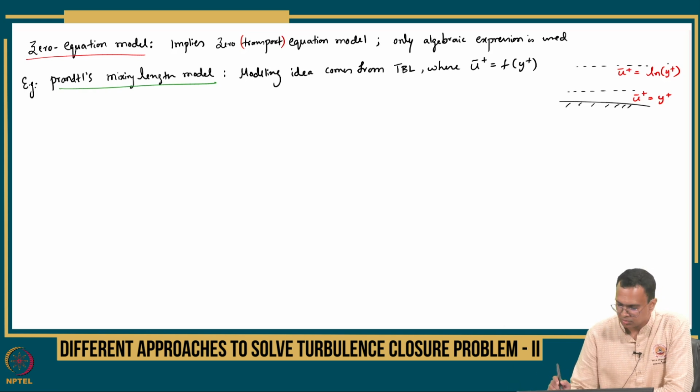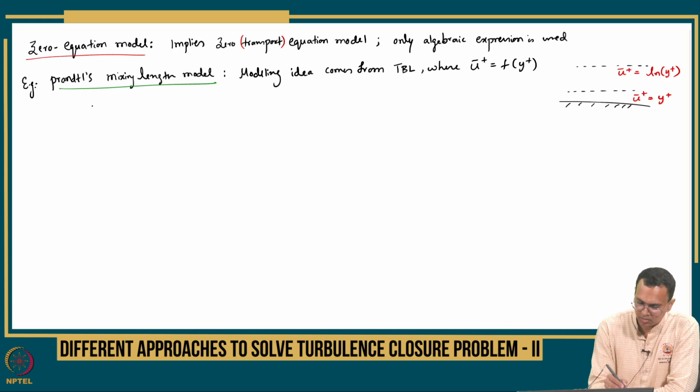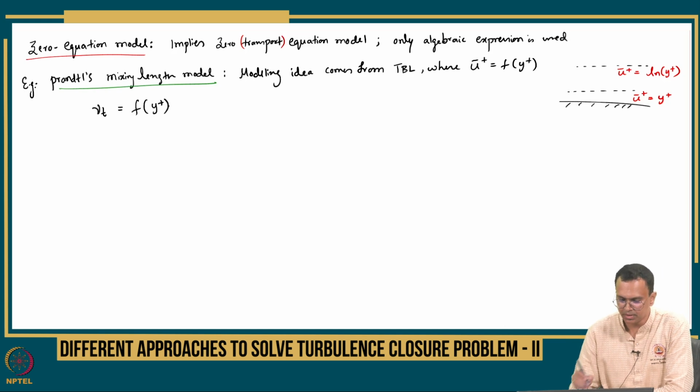Using the log-law region or the linear sublayer, we can construct a model now. We say eddy viscosity also should be a function of y plus. That's why the name mixing length. But it has to be meter squared per second, so dimensionally we have to construct something.